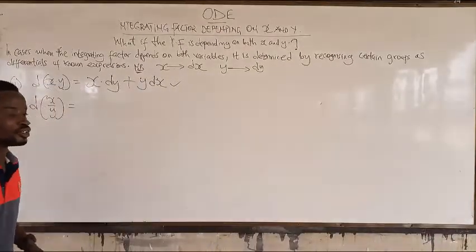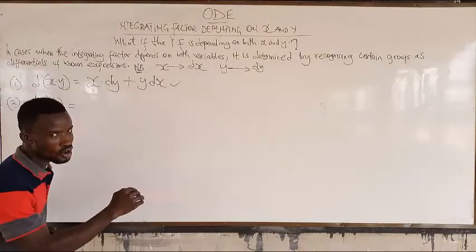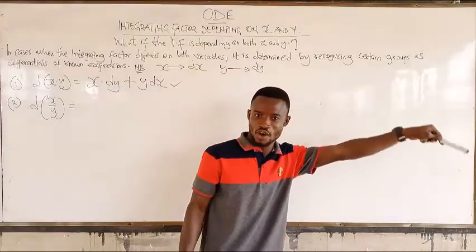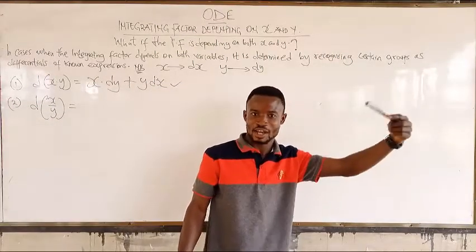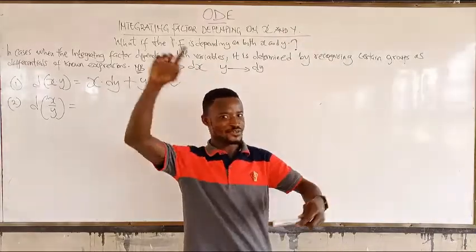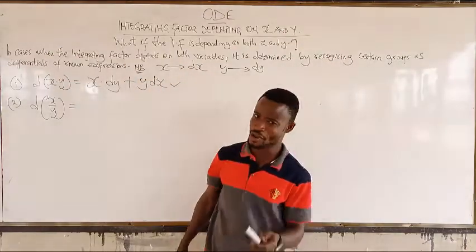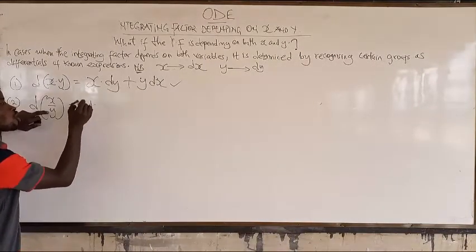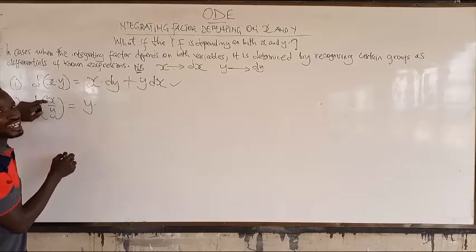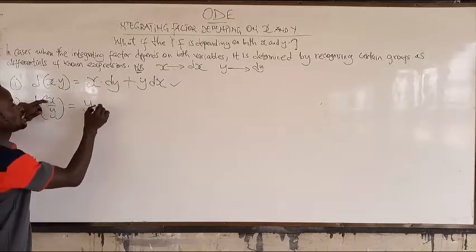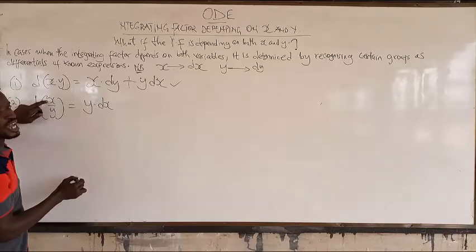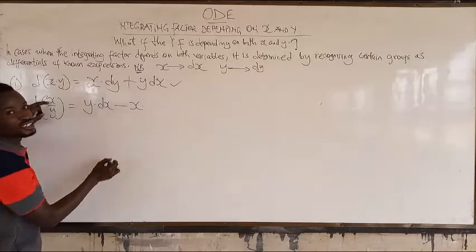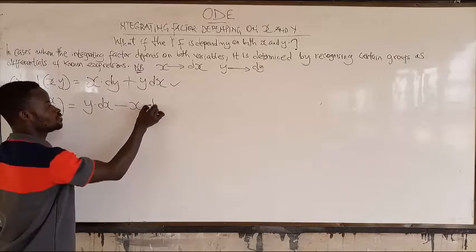You will have: low d-high minus high d-low, over the square of the bottom, and away we go. Don't forget that. I hope you haven't forgotten it. Low d-high, that means you are differentiating the top, the high, and when you differentiate x, you get dx. Minus high d-low, that means you are leaving the top and differentiating the one at the bottom.